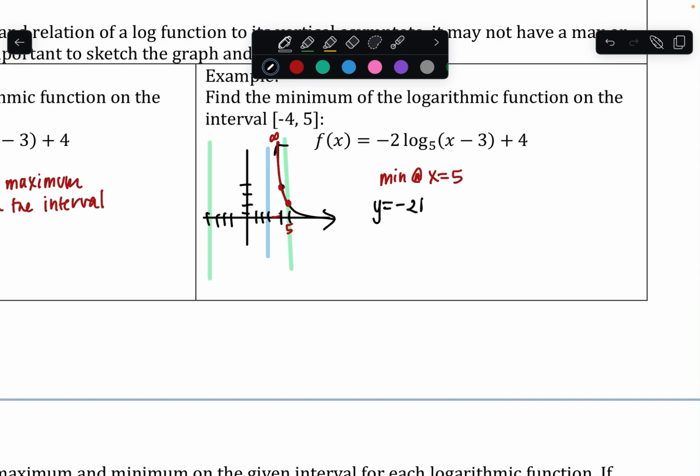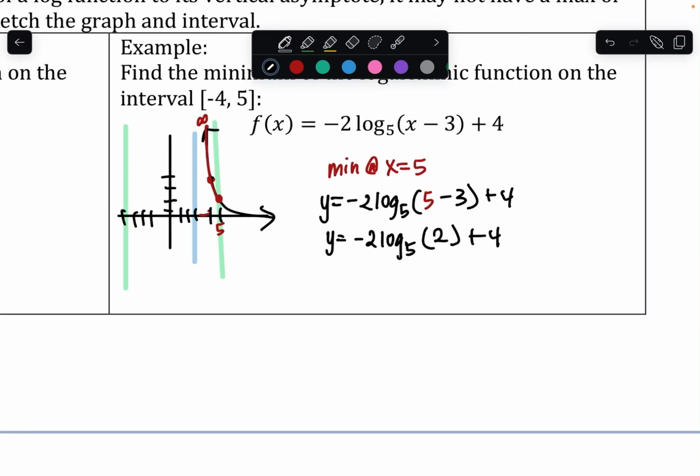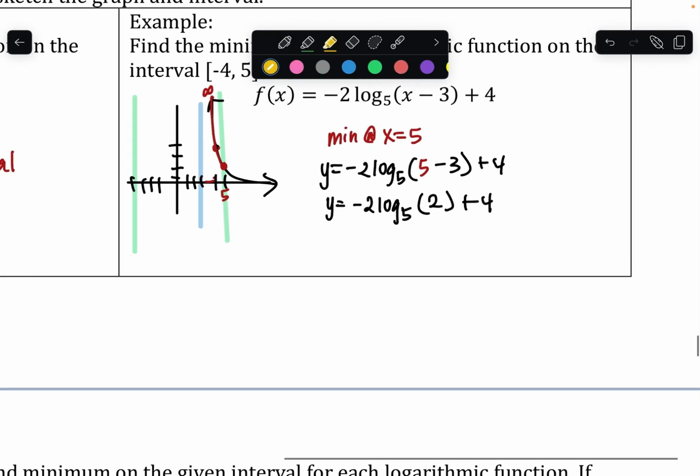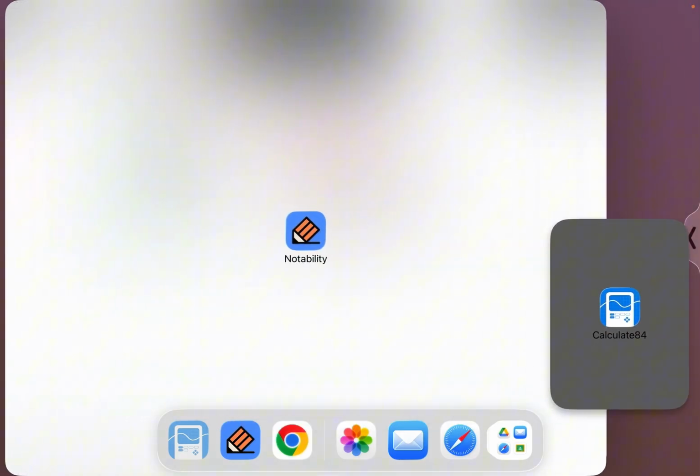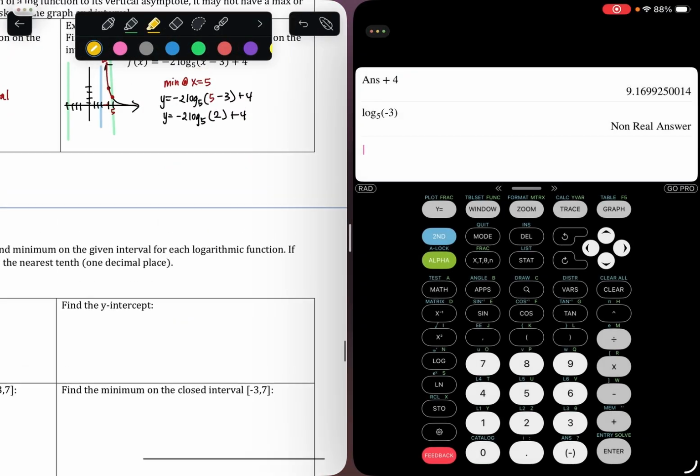So -2 log base 5 of (x minus 3) plus 4, and we are plugging in the 5. And so that would give me -2 log base 5 of 2 plus 4. Now, because this 2 is not a power of 5, there's no way we can simplify that log to a nice number. And so this is when you would use your calculator to get a decimal approximation.